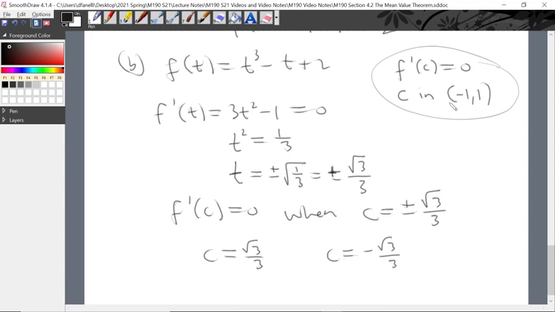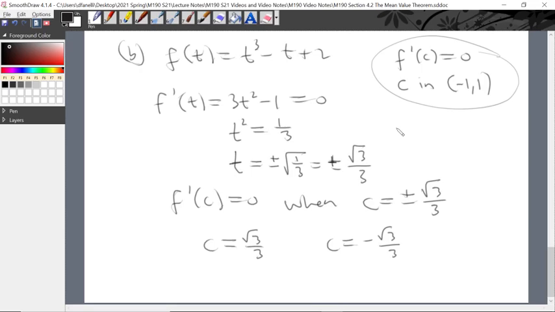Okay, c needs to be contained within this interval from -1 to 1. Are these both contained within that interval, or is only one of them in there and the other one not? We should verify. The square root of 3 is approximately 1.73, so the numerator is less than the denominator. So this fraction is therefore less than 1. And this fraction is going to be greater than -1 for the same reason, since it's negative.